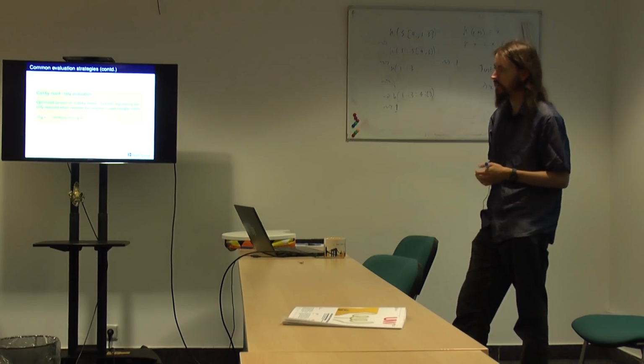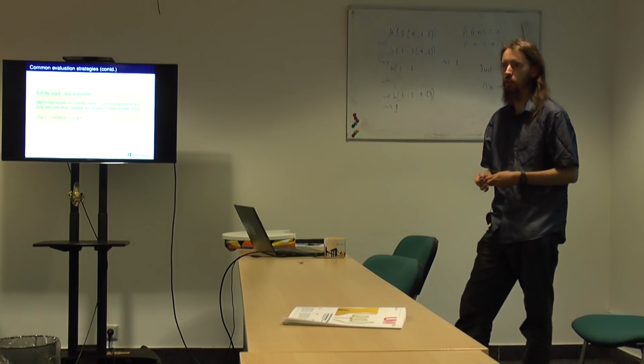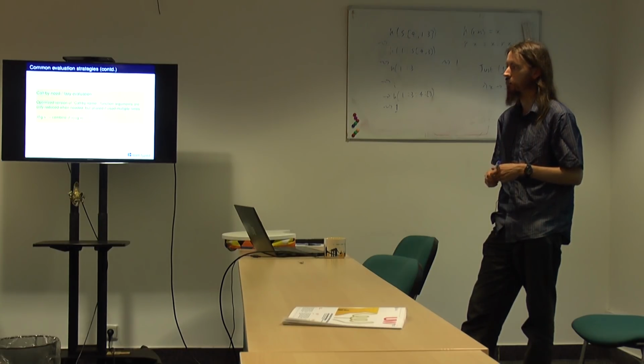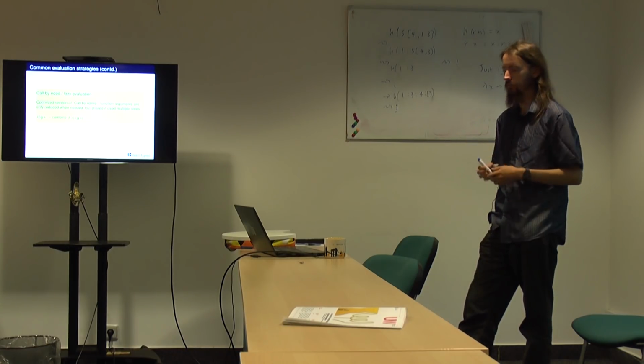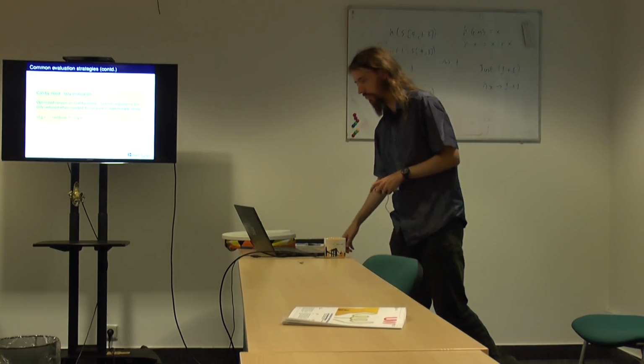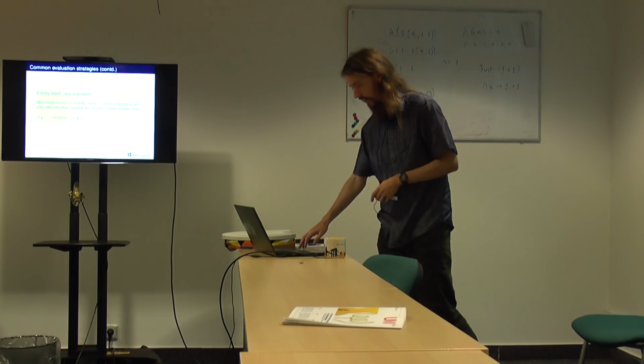It may be reduced 0 times because it may be that f and g never use it. But supposing that both f and g do end up using x, it'll only get evaluated once, even though it gets used twice. So that's the important difference with lazy evaluation. It gets shared. We'll talk a bit later about how that works.